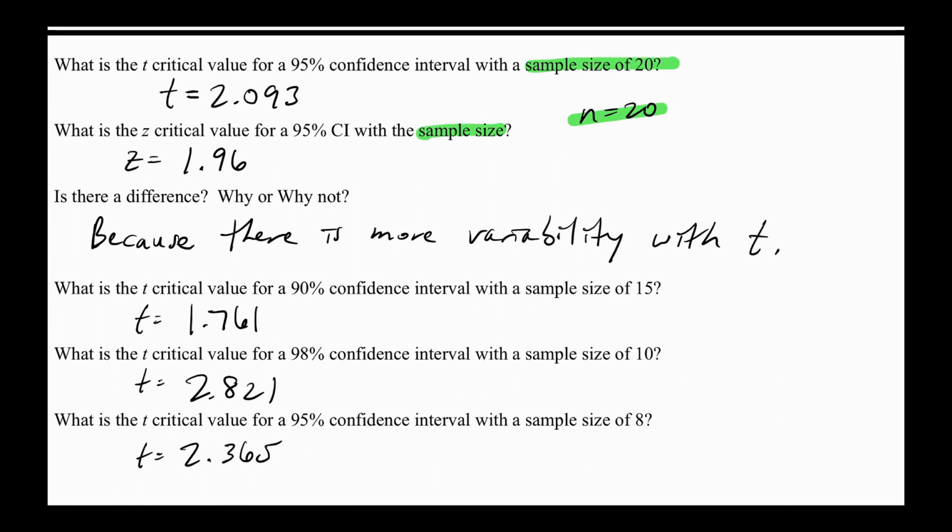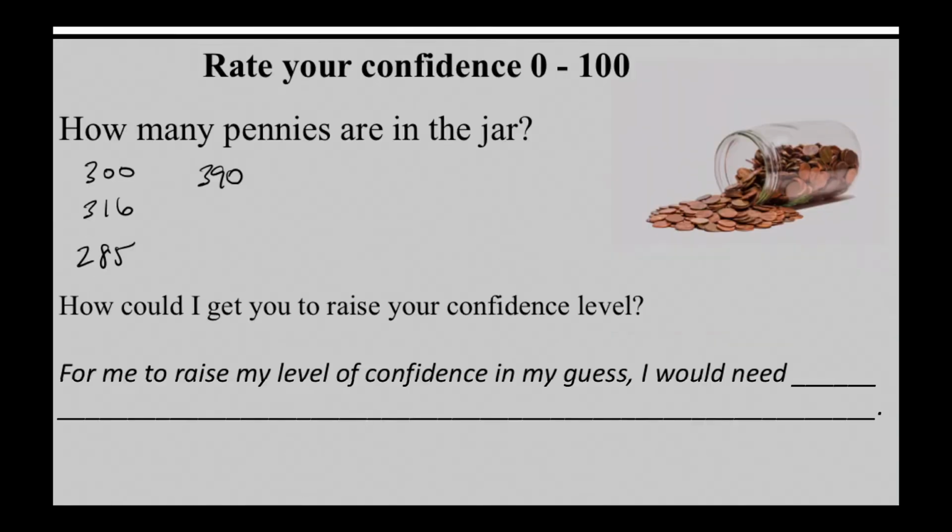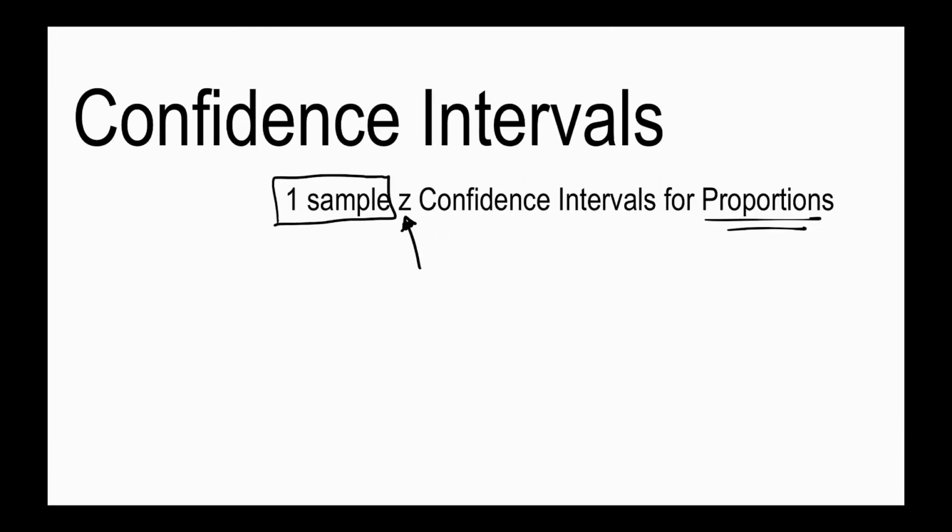So we've been doing things with z-scores, right? This is only for means. Here's the thing: for proportions, there's no such thing as T, only Z. So that's where it's easy.